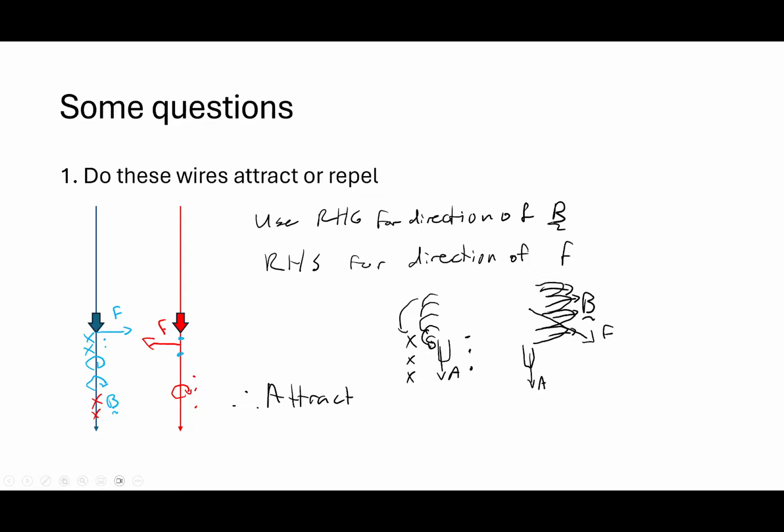When your right thumb's pointed down, fingers curl clockwise. Is that in or out of the page? Force is palm facing. And when your right thumb is pointed down, your fingers curl clockwise, so your fingers show the direction of the magnetic field.